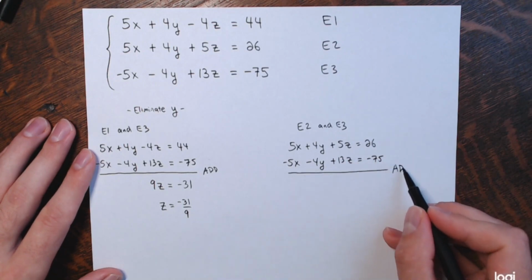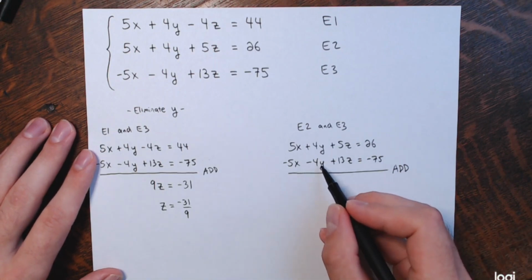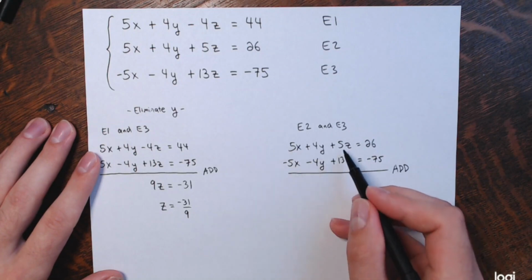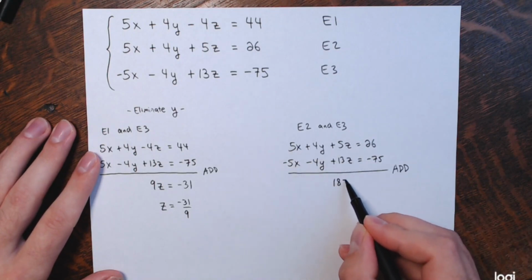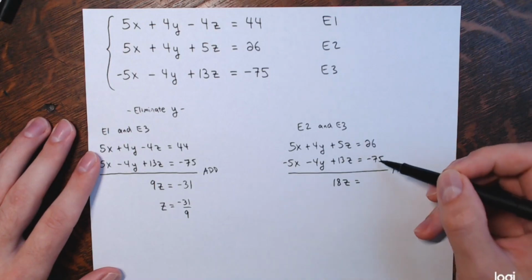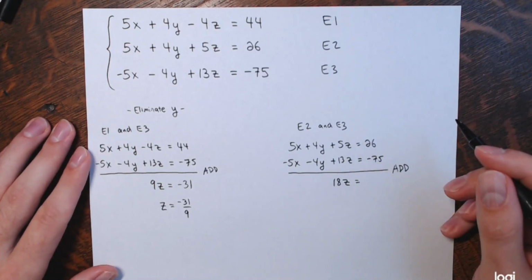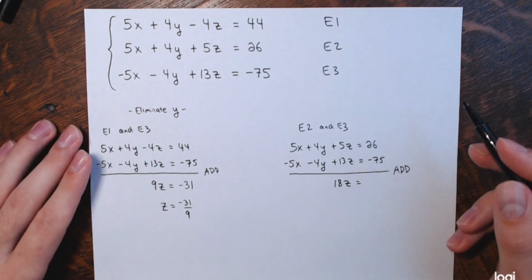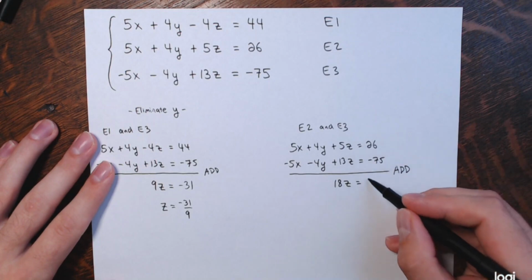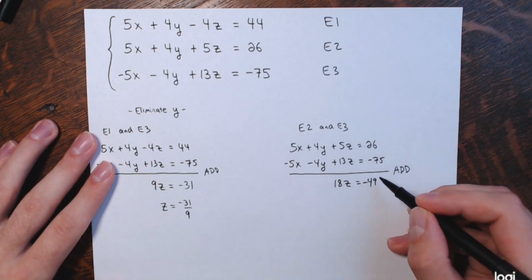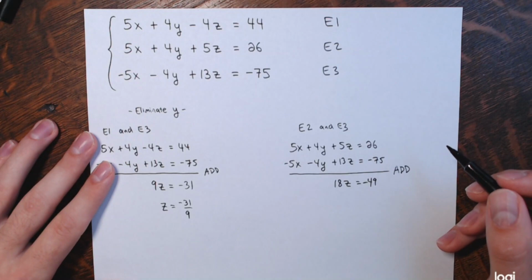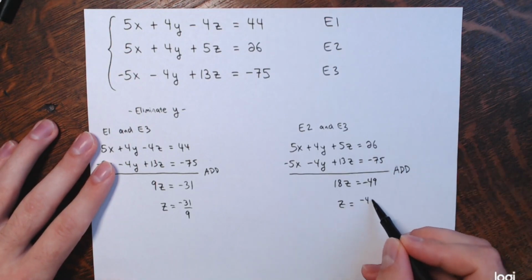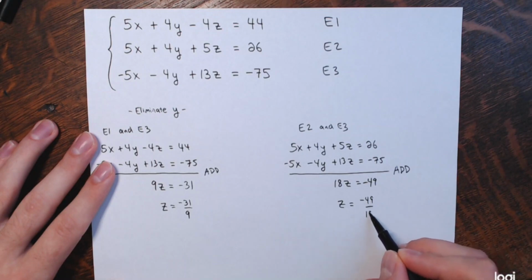I can add the equations right now, since the coefficients of y are opposites. The x's will both be gone, and I'm left with 18z equals negative 75 plus 26, which is negative 49, 26 minus 75. Then dividing by 18, we get z equals negative 49 18ths.